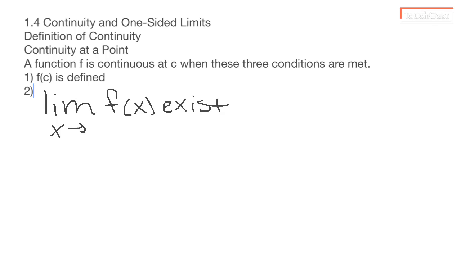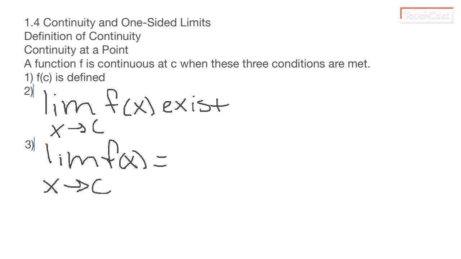And our third and final condition for continuity at a point is that the limit of f of x as x goes to c is equal to f of c. Sorry, I wrote that wrong. Let me fix that.